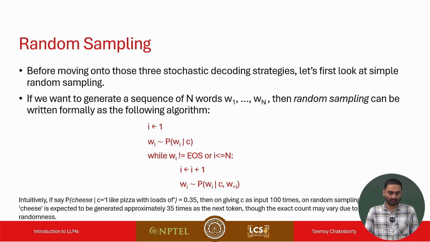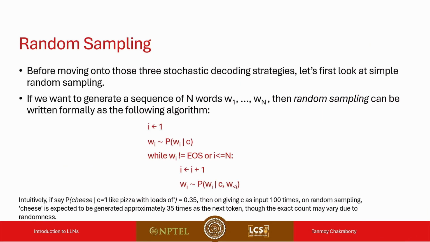Okay, so in random sampling, I mean the worst case, right? Let's say we have this distribution p of wi given c, the input. What we do is randomly sample a word from the distribution, and that's going to be my next word. At t you sample from the distribution, this would be wt.